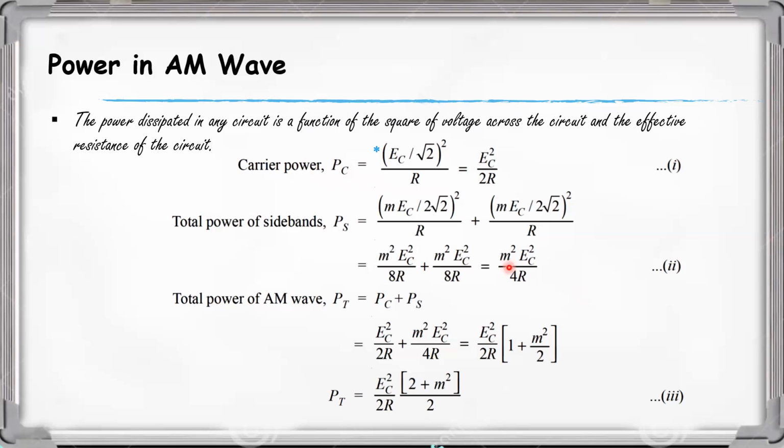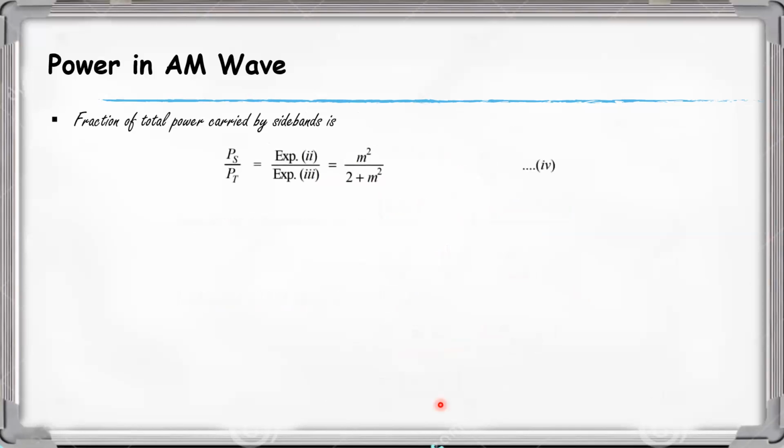That is, this quantity is equal to M square EC square divided by 4R, and here PT is equal to EC square divided by 2R into 2 plus M square divided by 2. Then it becomes M square divided by 2 plus M square. It is the fraction of total power carried by sideband.